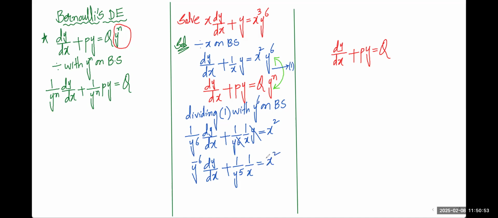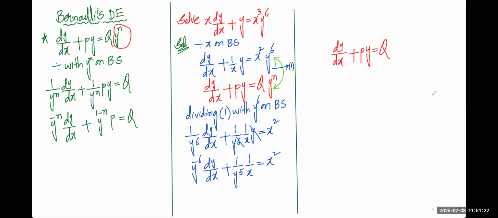Correct? According to the working rule, if you simplify this one, y power minus n dy by dx, and this value will go to the numerator. We get p as it is, y to the power 1 minus n, which is equal to 2 here.